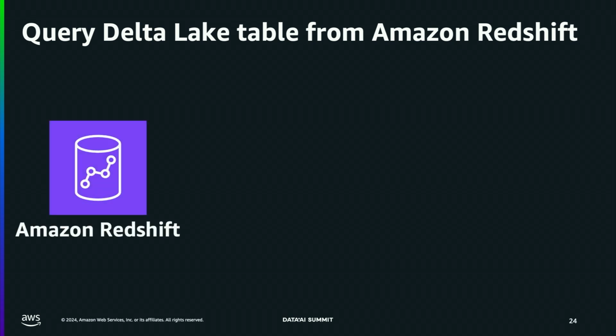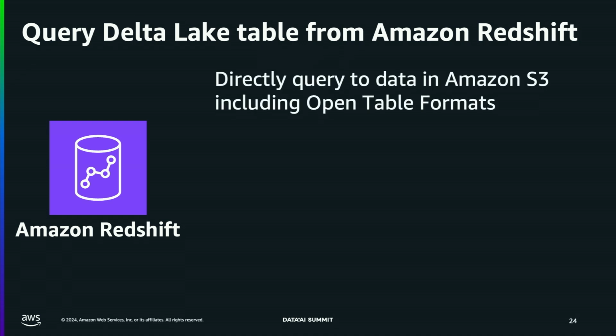Customers build their analytics environment on AWS, and they use Amazon Redshift for large analytics workloads as a cloud-based data warehouse. You can use Amazon Redshift to query your data in Amazon S3 using Amazon Redshift Spectrum. You can also query open table format tables with Redshift.